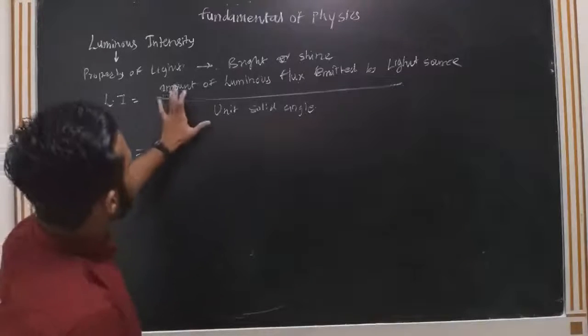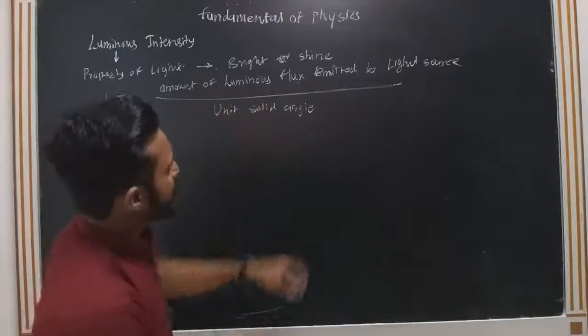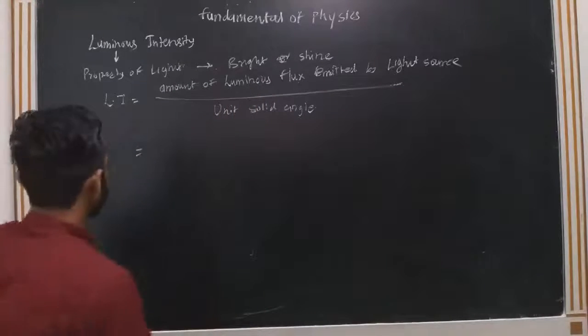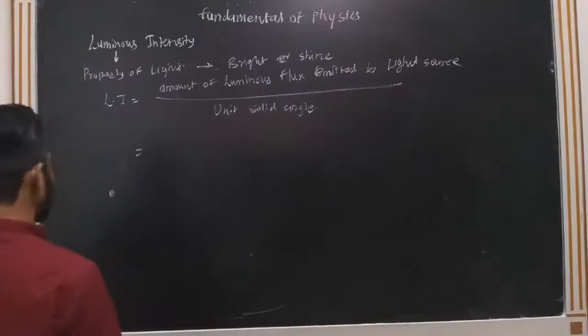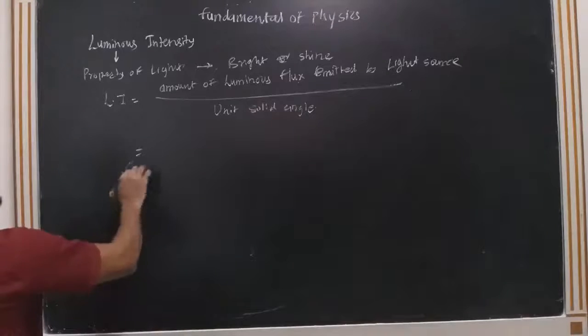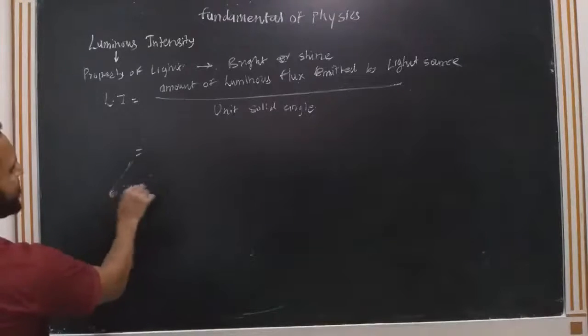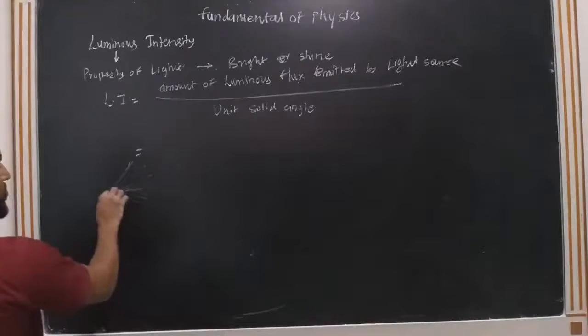So what is luminous flux? Suppose we have a point light source, and light emits radiation in all directions. A number of radiations are emitted by this light source.